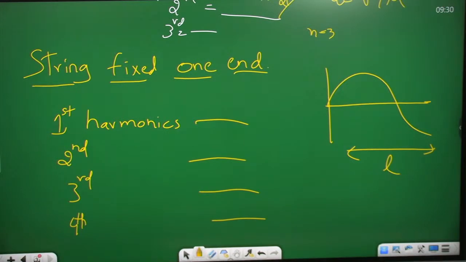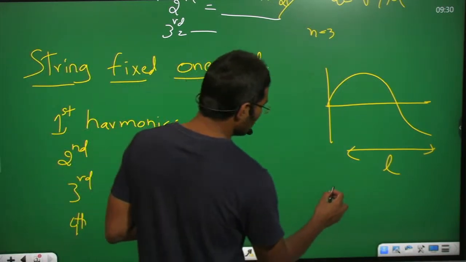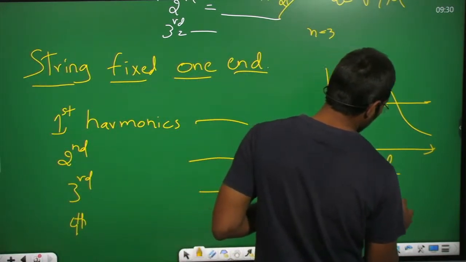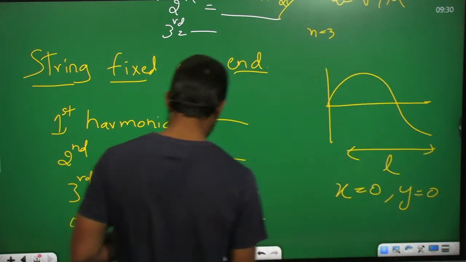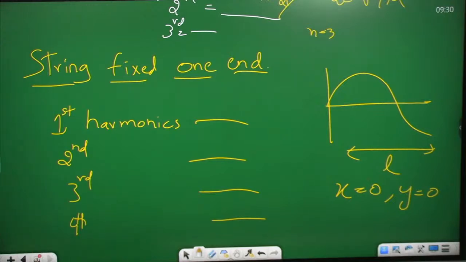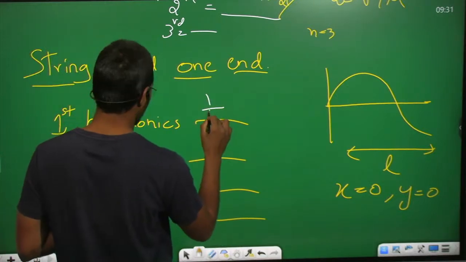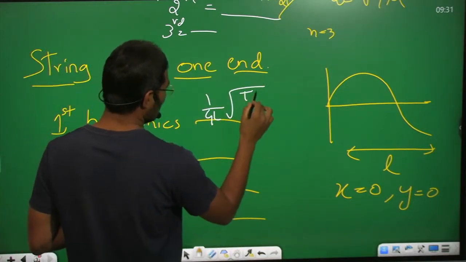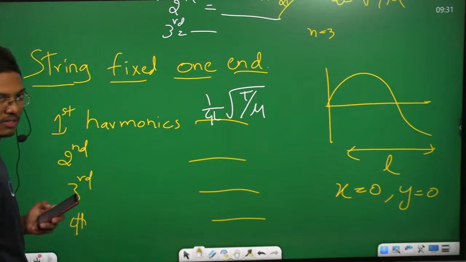So what are the boundary conditions at first sight? When x equal to 0, y equal to 0, right? So what is first harmonics? Formula for first harmonics is nothing but fundamental frequency, 1 by 4L under root T by mu. Okay. How about second?